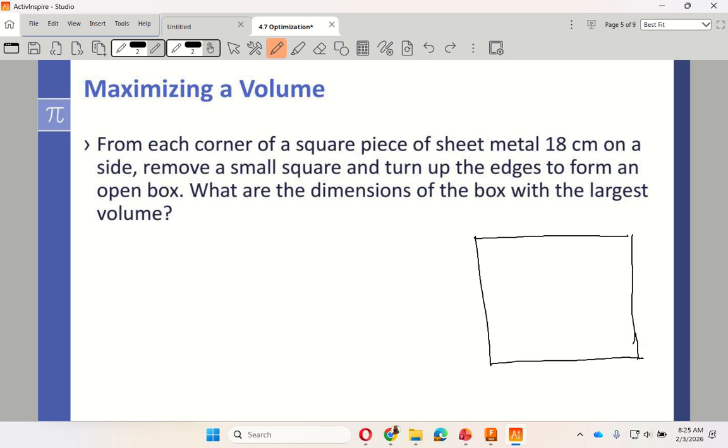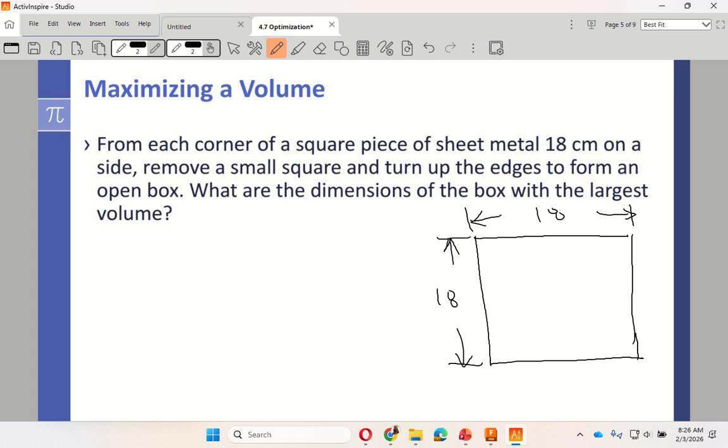We start like this. And it says it is 18 centimeters on each side. So that means that from here to here is 18. So I start with that. And it says I'm going to be folding up an edge. So I'm going to cut a corner out.